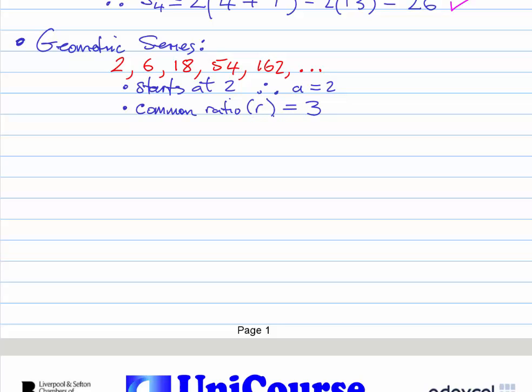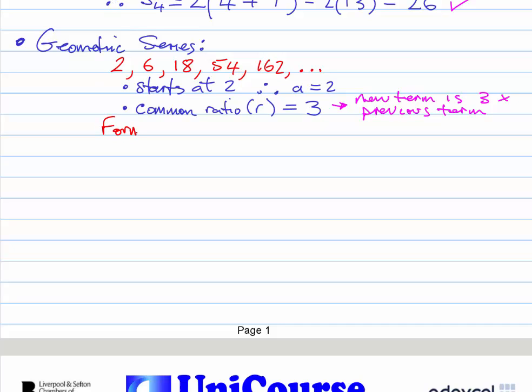So there's a common ratio, and it's 3 because that was the number we were multiplying by each time to get the next term. So r equals 3. So let's just emphasize here, new term is 3 times previous term.